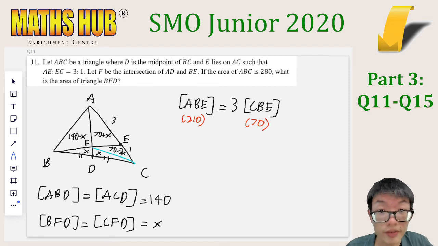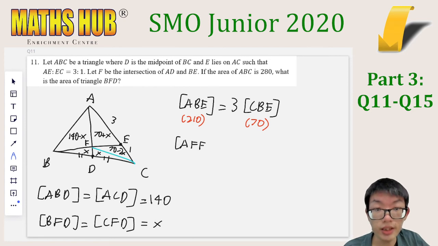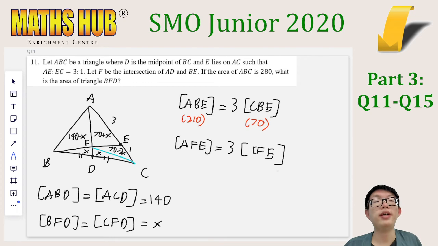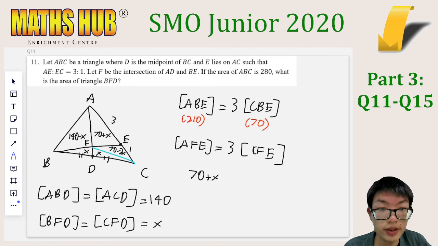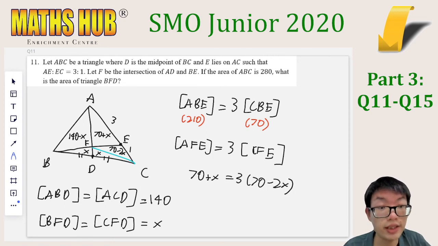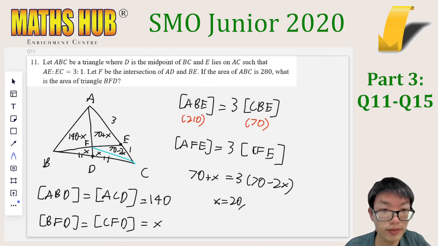Now the last statement that we can obtain from AE being 3 times EC is that triangle AFE is 3 times triangle CFE. And this is going to give us an equation for X which we can solve. 70 plus X is 3 times 70 minus 2X. So if we solve this linear equation, X is equal to 20.